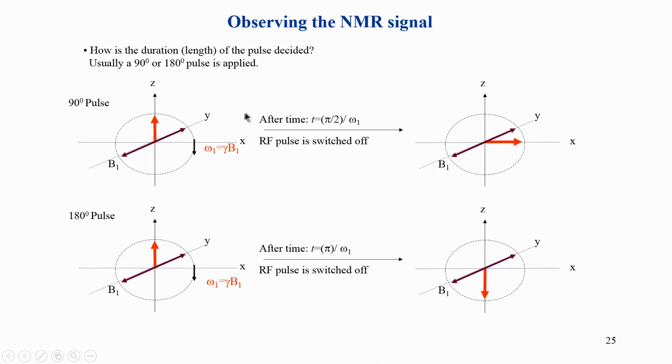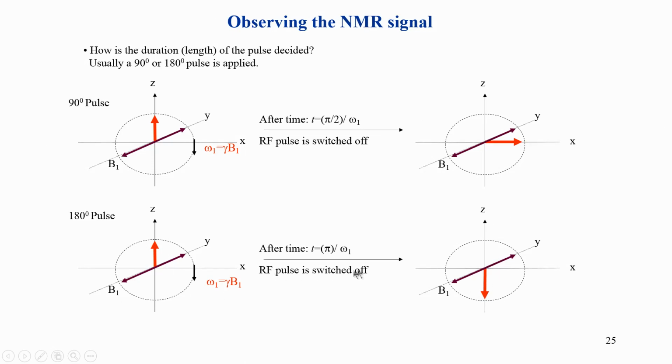What is done is you apply the RF field, that is B1, perpendicular, either along the y axis or along x, and start with the magnetization along the z axis. The magnetization flips by 90 degrees, and you continue to apply, you do not stop the RF, you let it stay on. When you keep it on, it keeps going further, and it can come up to 180. So, you can switch off at this stage.